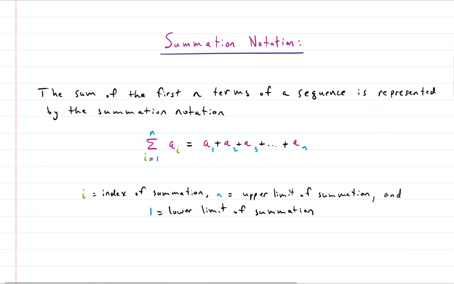Summation notation, this is a quick review because we'll use this later on. If we have a long sum, like this one on the right-hand side of the equal sign, we have a1 plus a2 plus a3, and each of these terms share something in common, the a, but the iterate is different, the 1, the 2, the 3, and it goes up to n.